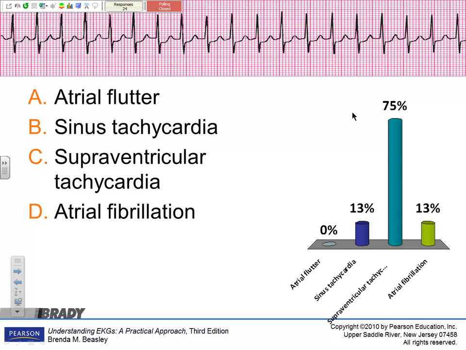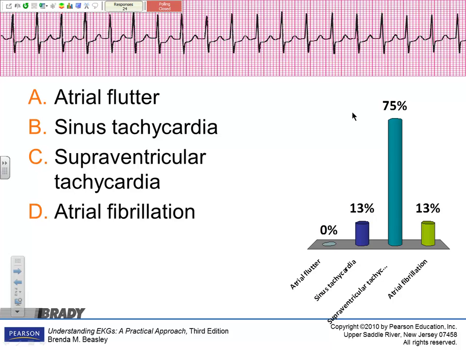Okay, why is this not sinus tach? No P wave and too fast, pretty much. And AFib is always irregular. Is that irregular? No. So guys, you got this. I think this is 2 people, 2 people.